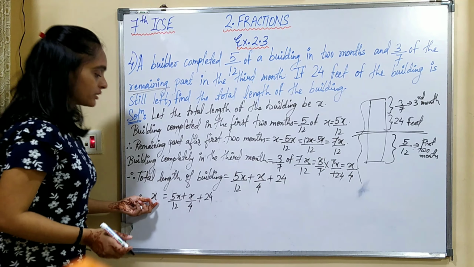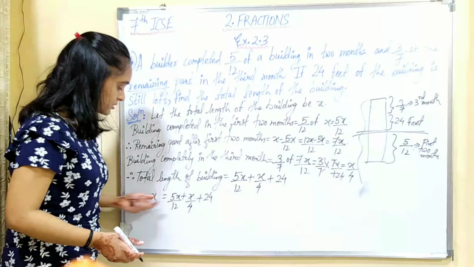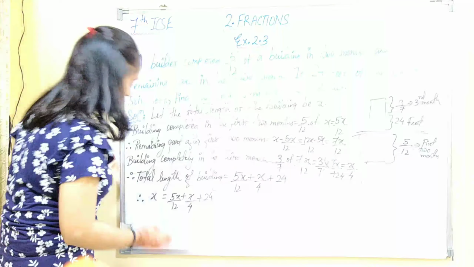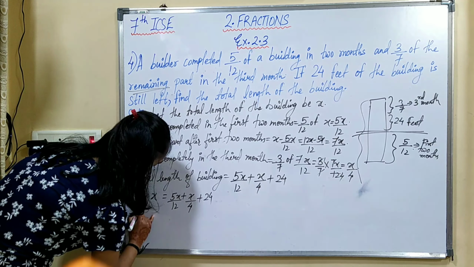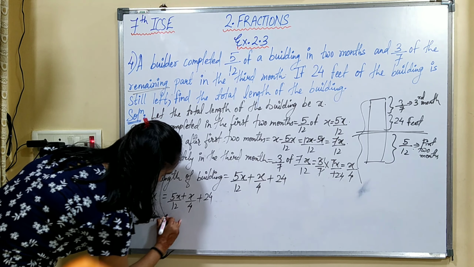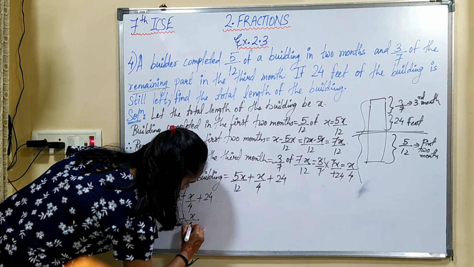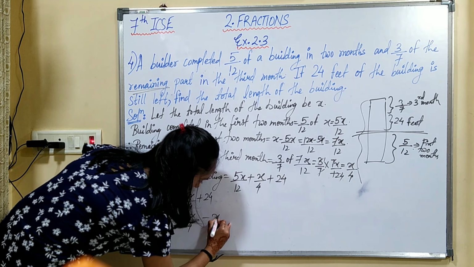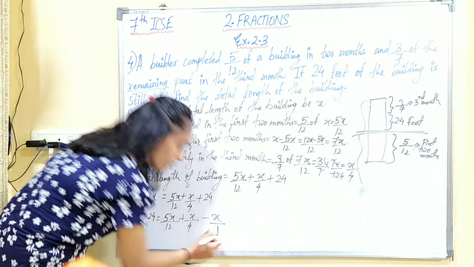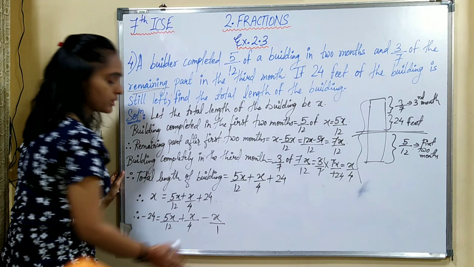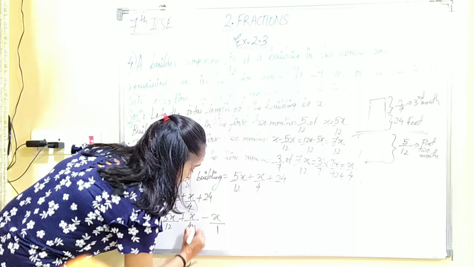So now we have to find the value of x. So we will transpose this value here and this to here. So thus you will get, therefore, minus 24 equals to 5x upon 12 plus x upon 4 minus x. X means x upon 1. So LCM of 12, 4 and 1 will be 12. So 4 3s is 12.